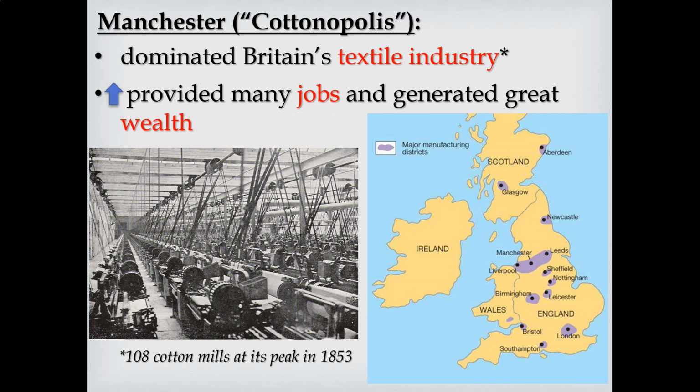Remember, textiles are all about cloth products, clothing, anything cloth related. And in fact, they dominated the textile industry to an extent that Manchester was nicknamed Cottonopolis. Polis is just a suffix that basically means city. Think of Indianapolis, Minneapolis, all these cities that end with that. Annapolis is another good one.